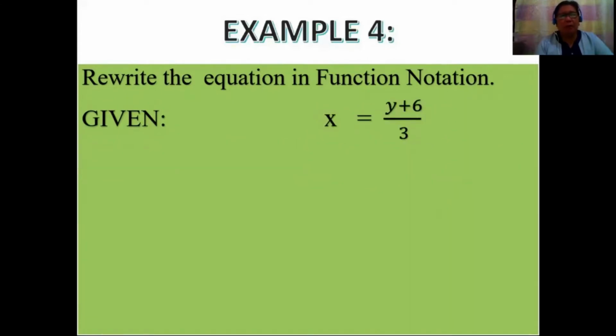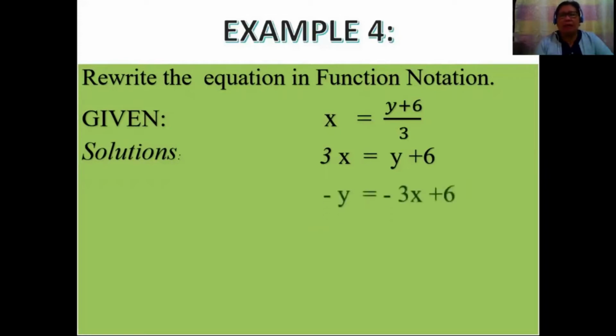Example number 4. How will you rewrite x is equal to y plus 6 over 3 in function notation? Solutions. We have to cross multiply 3 and x, and that is 3x. The denominator of x is 1, so 1 times y plus 6 is y plus 6. And then transpose y to the other side because we need to solve for y. So negative y.